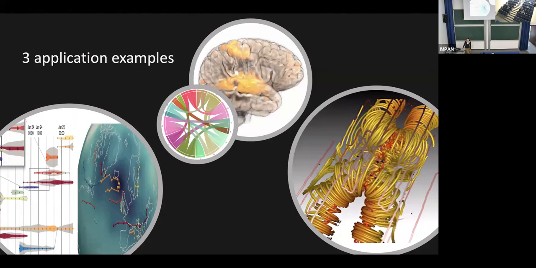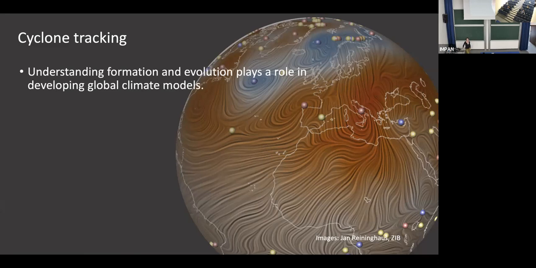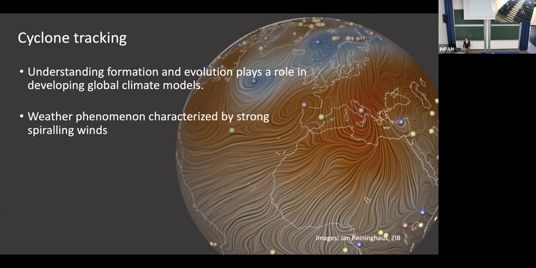The first application I want to talk about is cyclone tracking. Cyclone tracking is often the first step in the analysis for meteorology or climate simulation, and it's really important to develop models to understand how cyclones form and how they evolve over time.